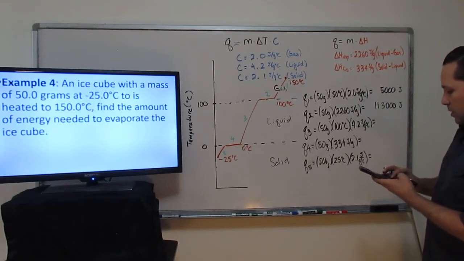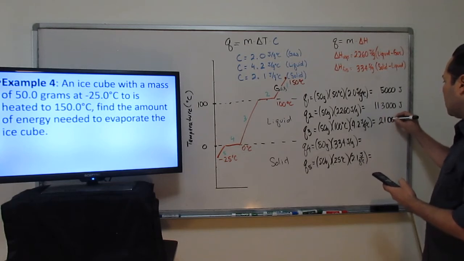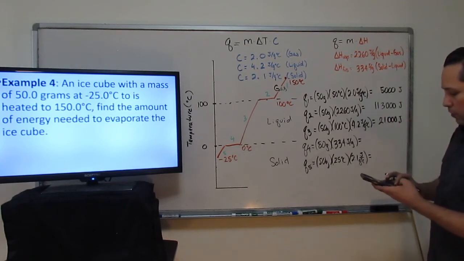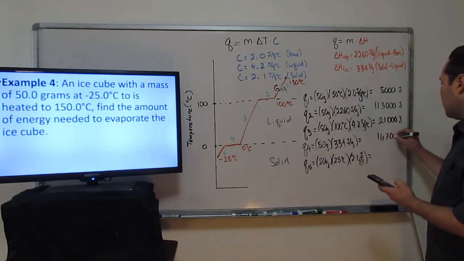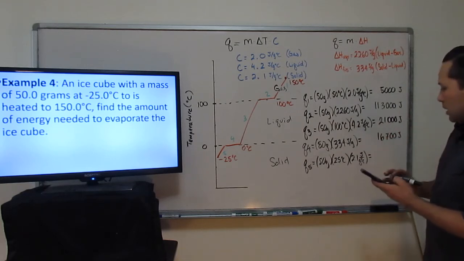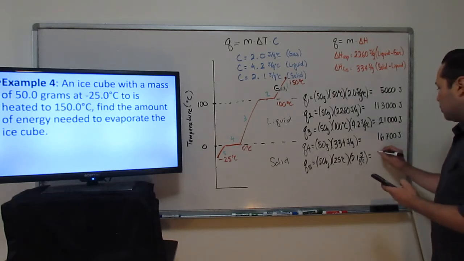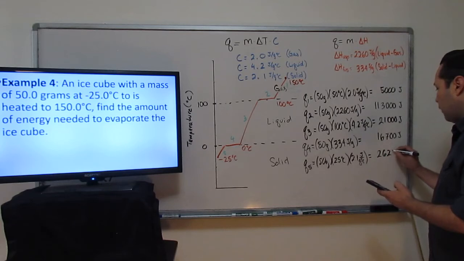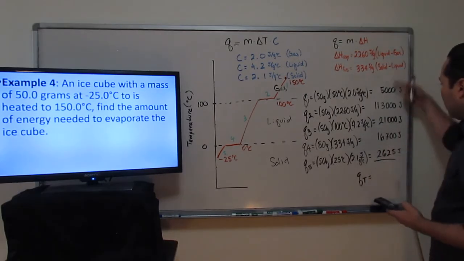50 times 100 times 4.2 gives us 21,000 joules. 50 times 334 gives us 16,700 joules. And lastly, 50 times 25 times 2.1 gives us 2,625 joules. To get the grand total, just add them all up.